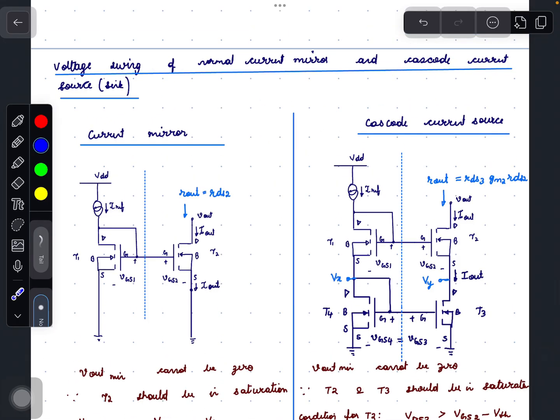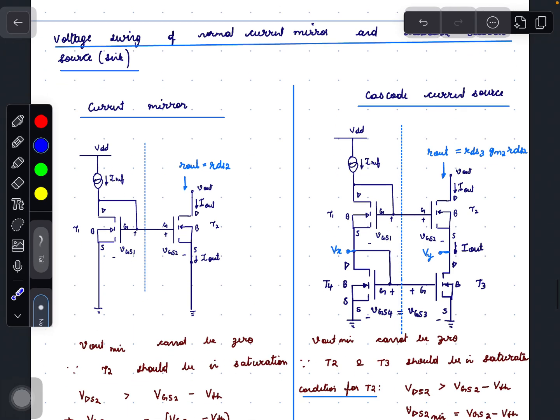Next, I will talk about voltage swing of the normal current mirror and the cascode current source. Consider the circuit of the current mirror. This is the circuit. Here, what is the voltage swing? V out minimum cannot be equal to 0.